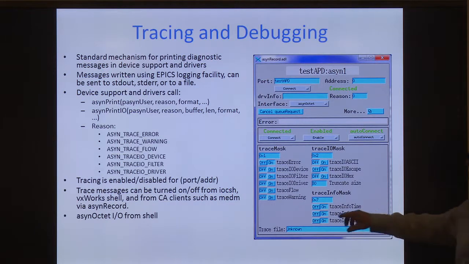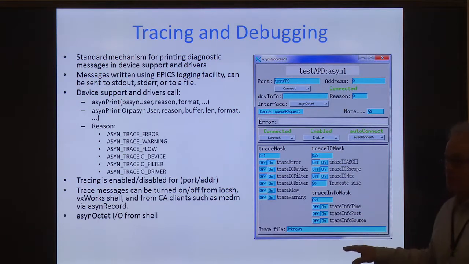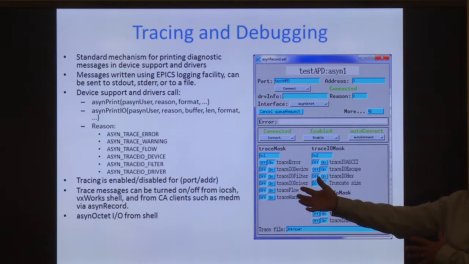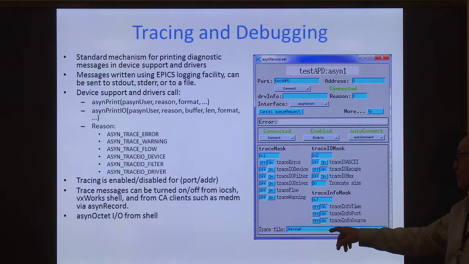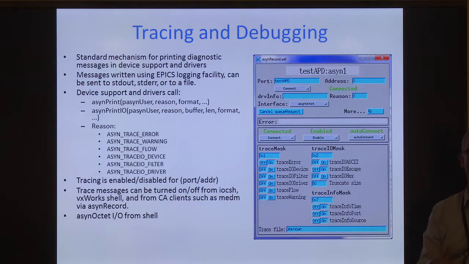You can also say, what other information do I want to see? The time, what port it came from, and what line in the source code did it come from. You can turn those off and on. And then finally, you can set a trace file. That's very useful if you want to save it, first of all. And also, when it goes to the console, that's often rate limiting.